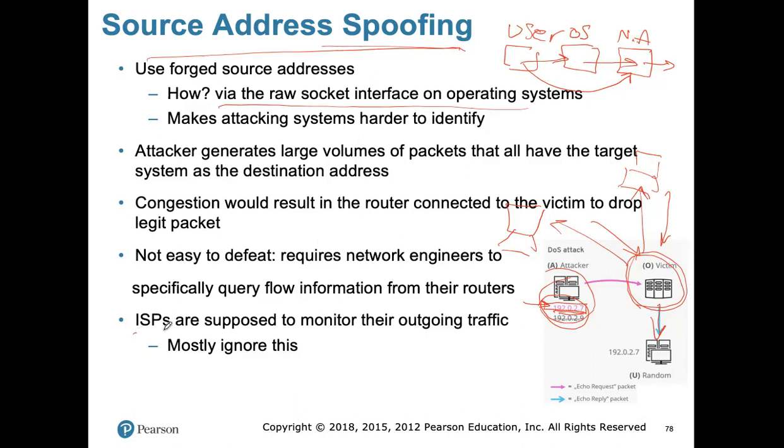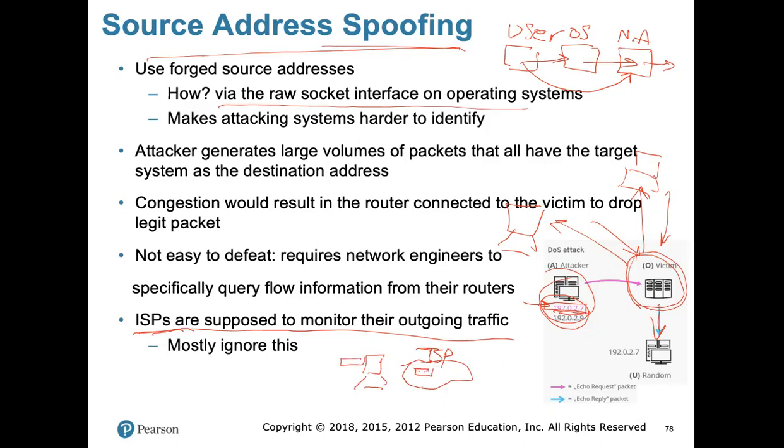Ideally, ISPs are supposed to monitor their outgoing traffic to match the packet's IP address with the real IP address. It means that I am an attacker, I'm getting my internet from some ISP, and the ISP, the internet service provider, is supposed to check the IP addresses on the packets against my real IP address.